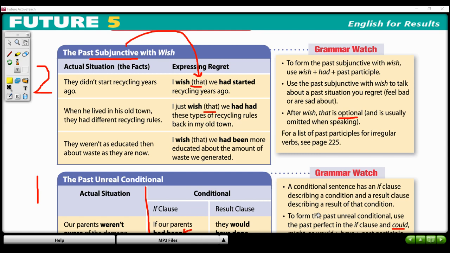Okay, I don't recommend this chart for everyone, but if you're struggling with how to create this sentence structure, and then here the result is first, and you can say she could have reduced her carbon footprint if she had learned more about protecting the environment.